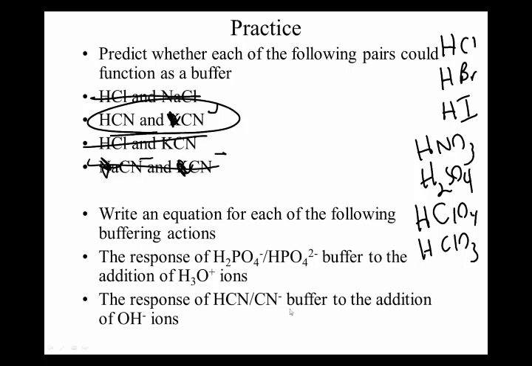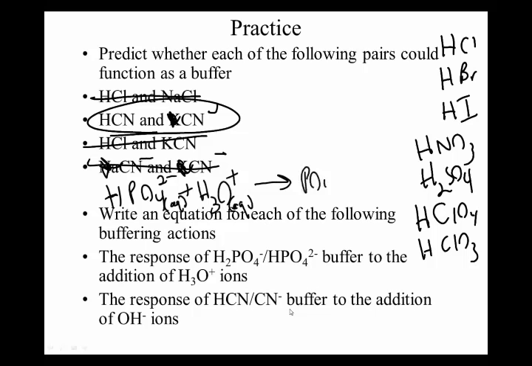So the reaction is going to be HPO4 2 minus, hydrogen phosphate, reacting with hydronium to produce... oops, I'm doing that wrong. This is the base. It will take a proton, and I'm messing this all up.